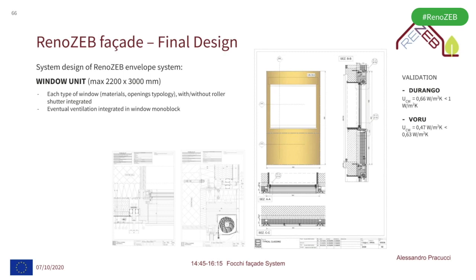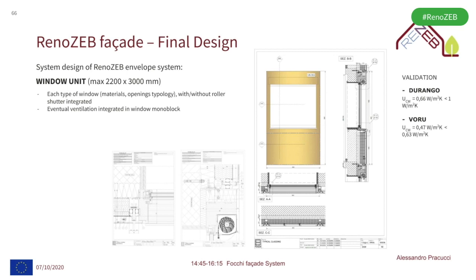Then another unit is the window unit. This unit has been designed to fill the openings and to replace the existing windows with new windows. The application of this facade involves first installing the unit, then removing the existing window, and then positioning on site an intrados for the finishings.